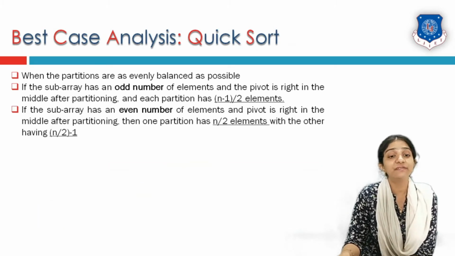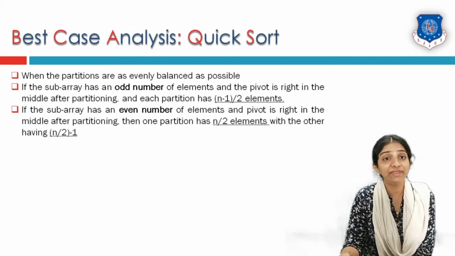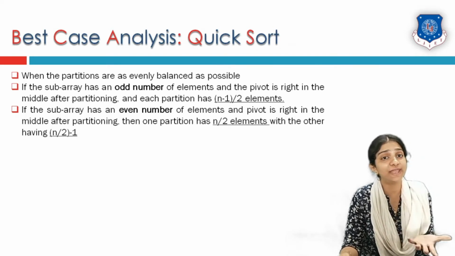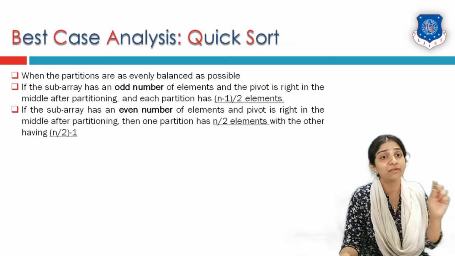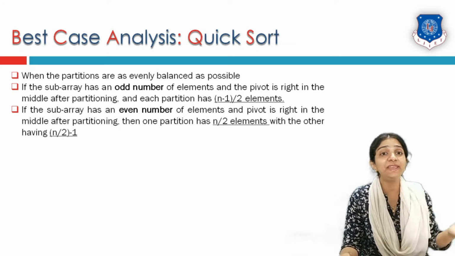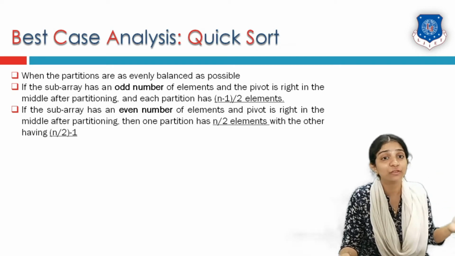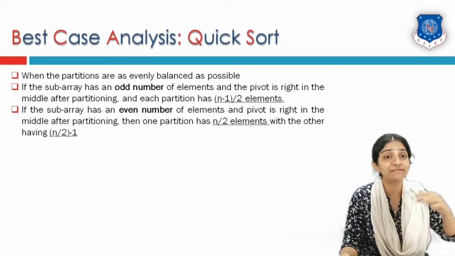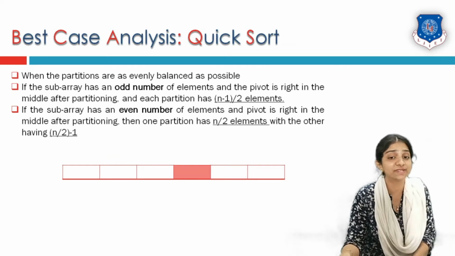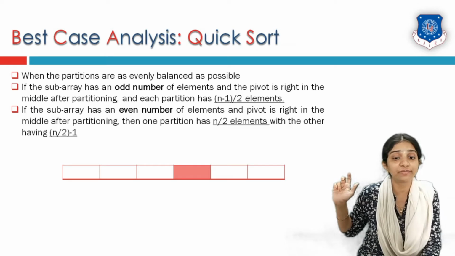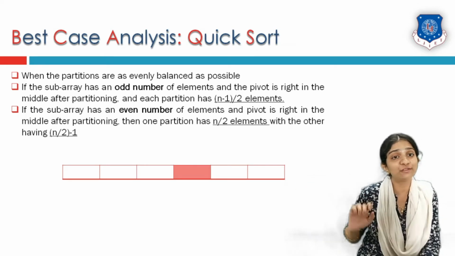Now consider if a sub-array has an even number of elements. That means there are 5, 6 or 8 elements, say for example, and one element is sorted. So the remaining elements will now be n-1 elements. So how many will go towards the left and how many to the right? That we have to understand. So there are a total of 6 elements and one pivot is sorted.